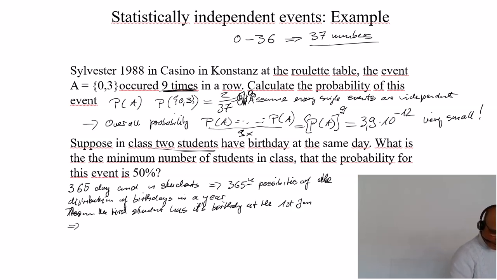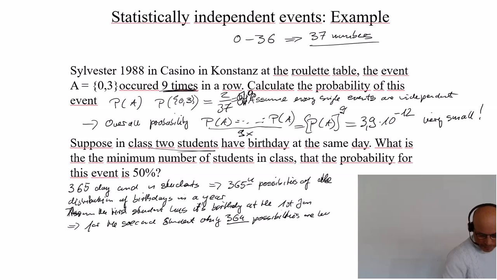Then for the second student, only 364 possibilities are left.